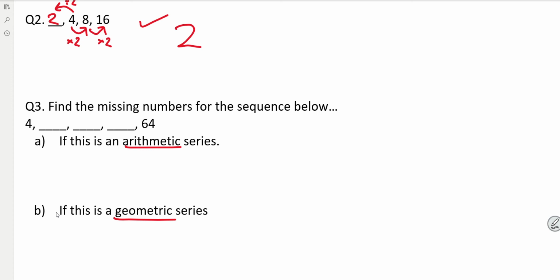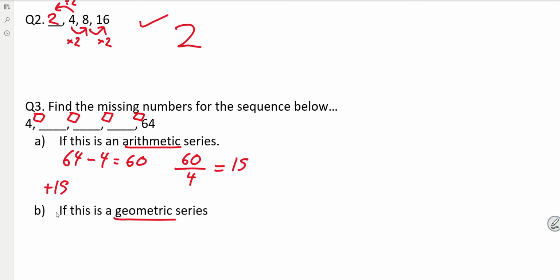We can imagine that we would have to have 4 spots where we add the number, right? So what we will have to do is go 64 minus 4 to find the difference between the 2 spots, and then go 60 divided by the 4 times that it has to be added, so that would be 15. So in this case, we're saying we add 15 every time.